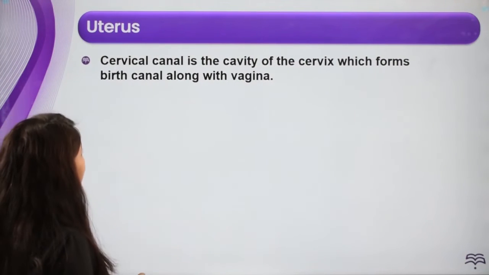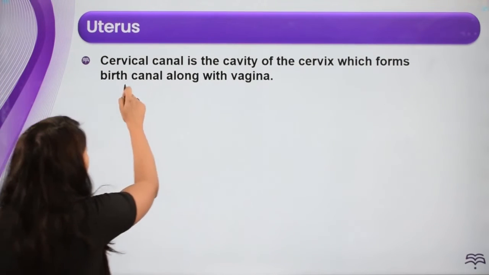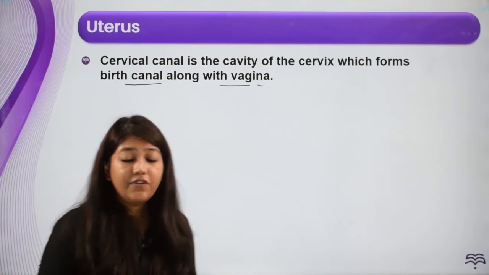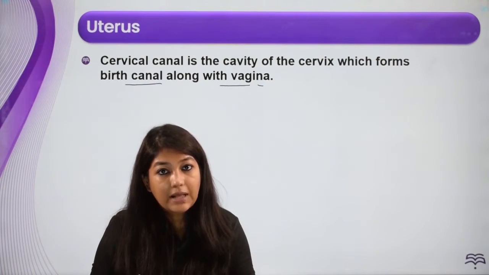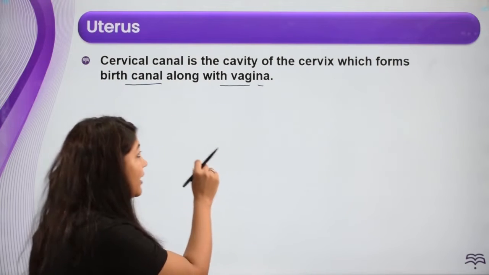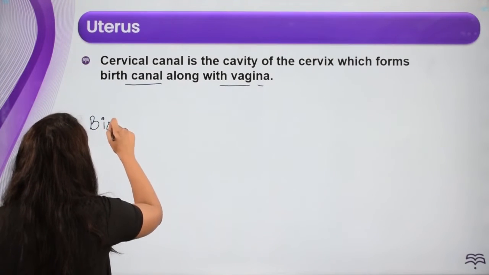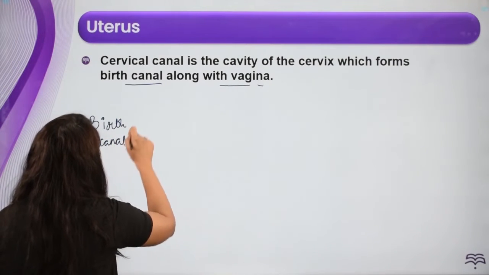Now, the cervical canal is the cavity of the cervix which forms the birth canal along with the vagina. See, at the time of delivery, at the time of parturition, the fetus is going to come through this path, right? That's why we are calling this path the birth canal. So what are the two components of the birth canal?